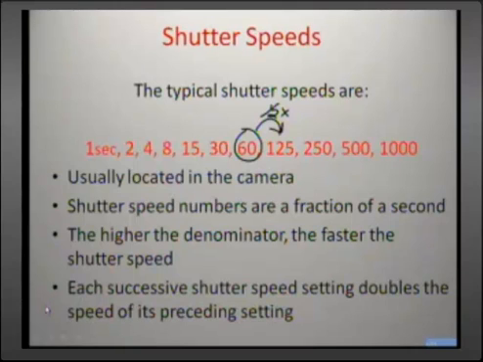So for an example, 1/125th, and then if I go to 1/250th, I have now doubled the speed of the shutter, and so the light coming through now will only remain on the CMOS chip half as long. This will become more familiar to you the more you do photography, so don't let this confuse you too much. And keep in mind with these videos, you can always go back, of course, and watch them over and over again.